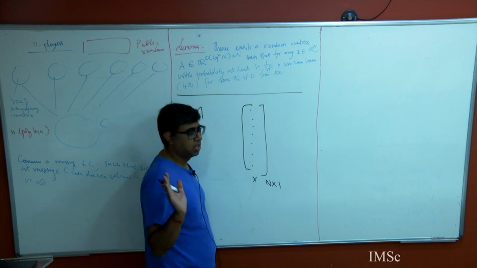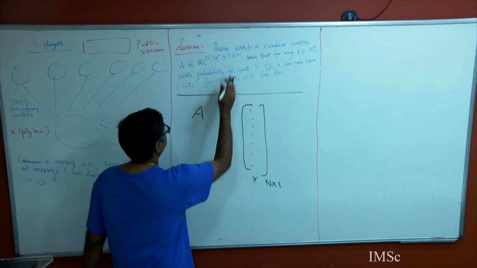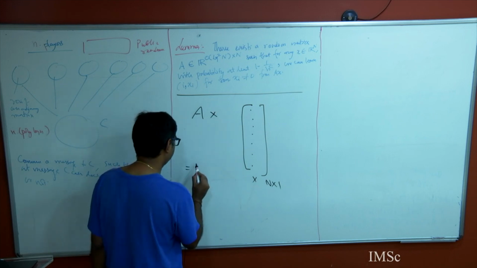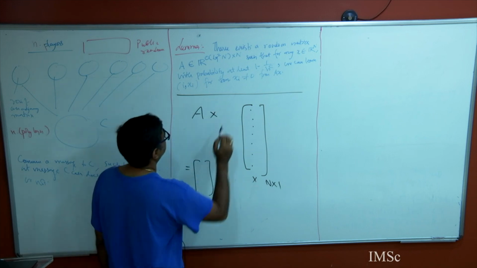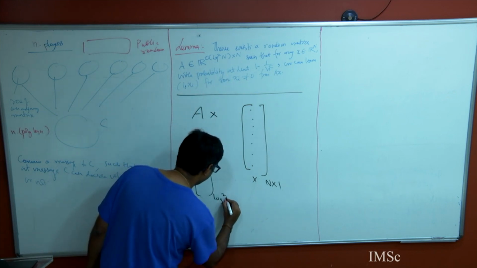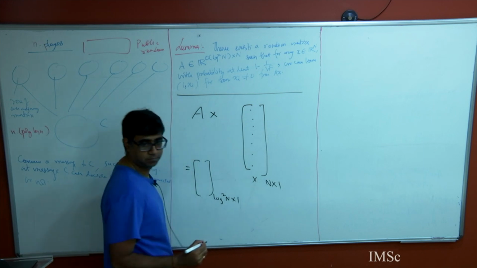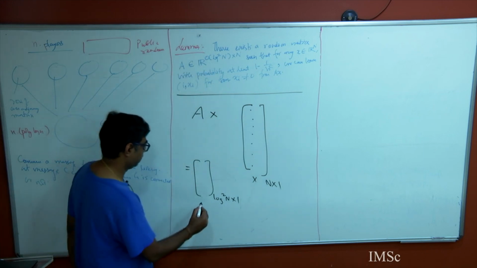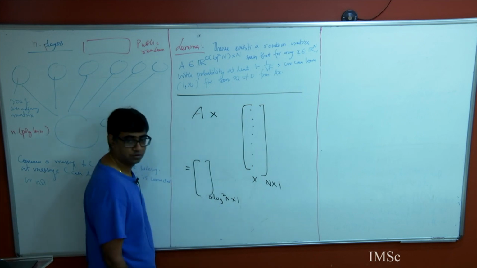If you multiply with A, you get a vector of dimension some alpha times log square n, times 1.